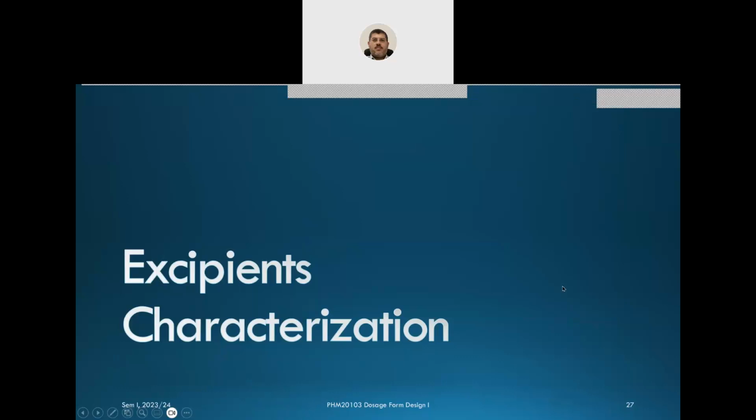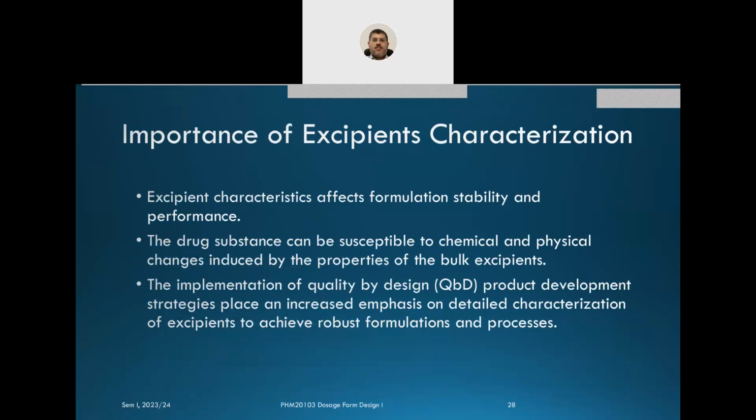Then we come to the part of excipients characterization. What is the importance of excipient characterization? When we say characterization, what does it mean first? Characterization means I want to know the characteristics of the excipient, the properties. Generally, we classify them into physical and chemical properties.